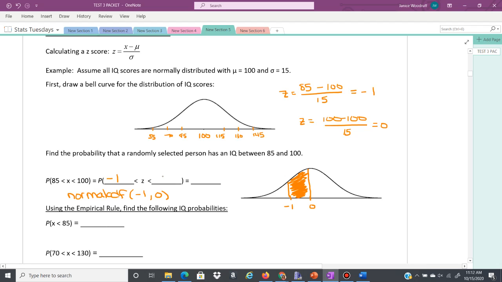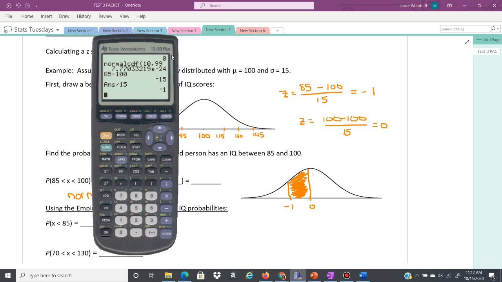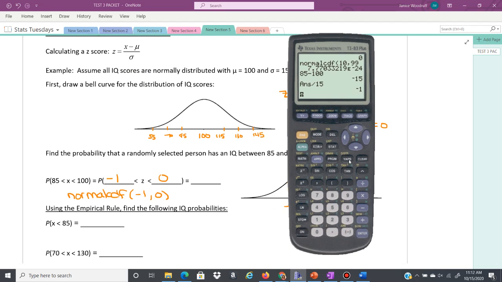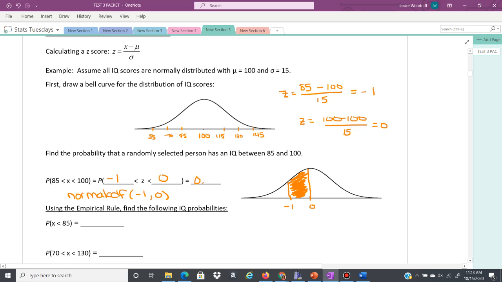That gives us 0.3413. In the context of this problem, there's a 34% chance that if I select a random person, their IQ is between 85 and 100.